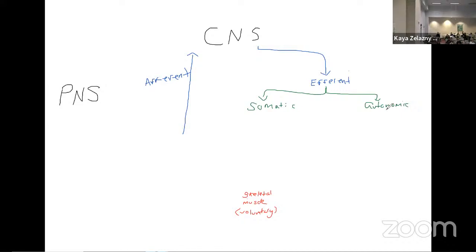For our autonomic nervous system, this is the involuntary part. Okay, that first. So this is stuff that's happening to maintain homeostasis. You can't just choose not to maintain homeostasis. That would be bad. So this is involuntary. And it's going to be stuff that keeps you alive. Okay.